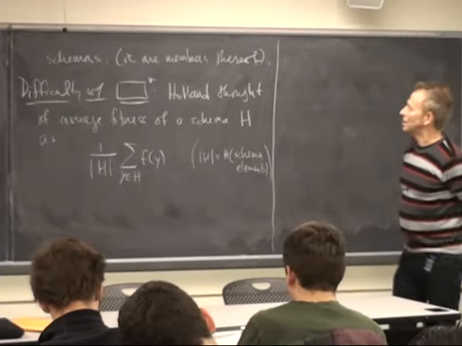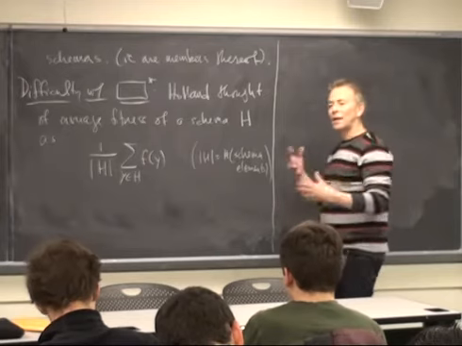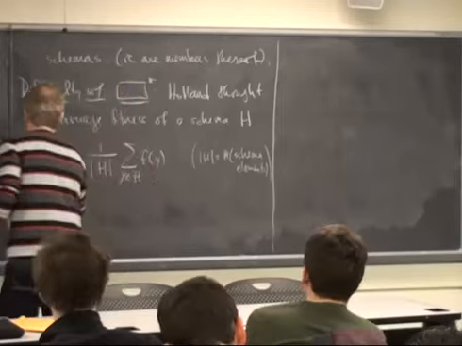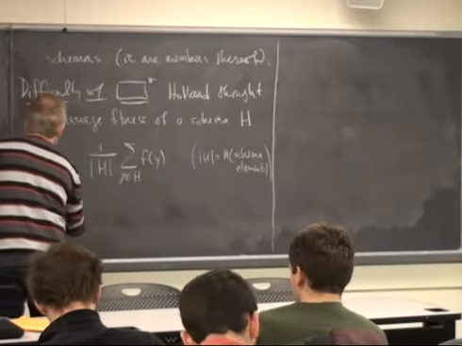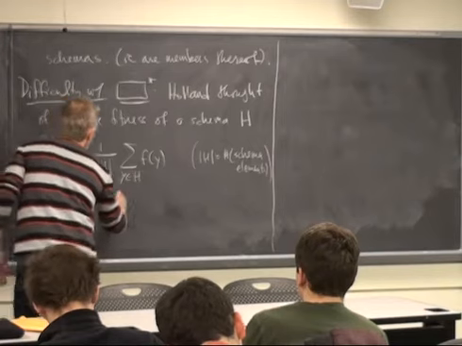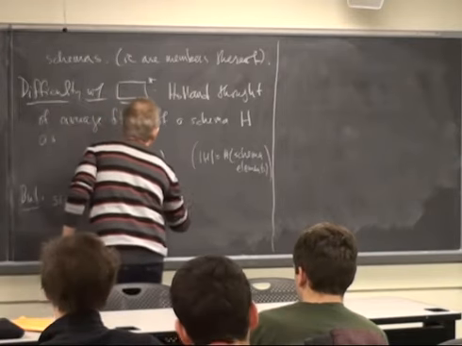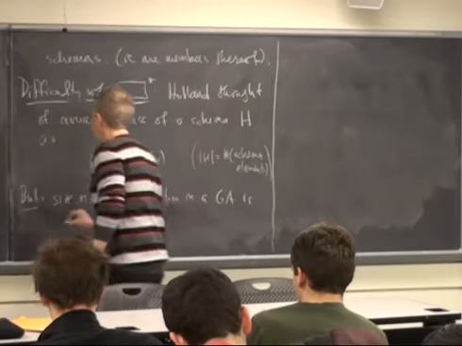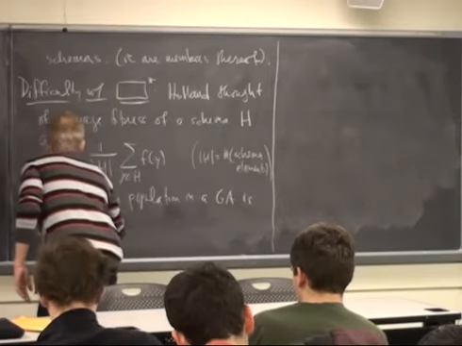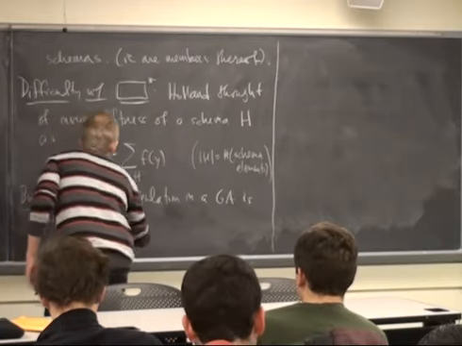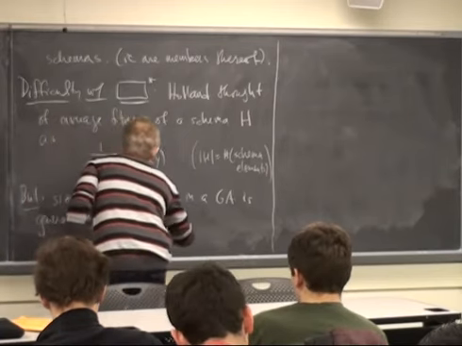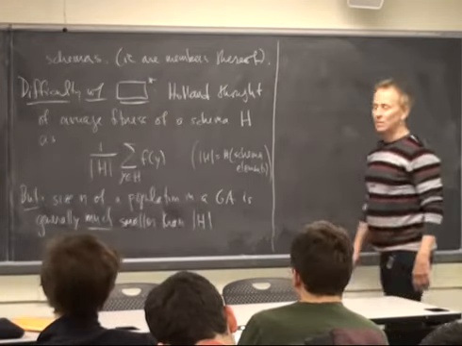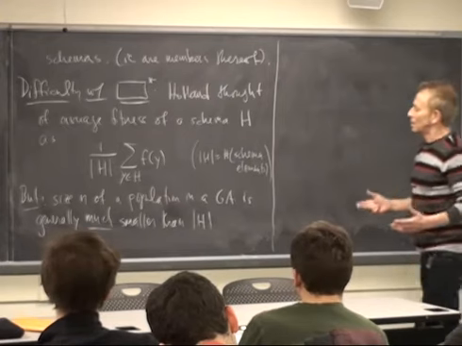Now, the problem with that is that if you think about the size of schemas and the size of populations, the size n of a population in a GA is generally much smaller than the size of a schema H. Think about it.